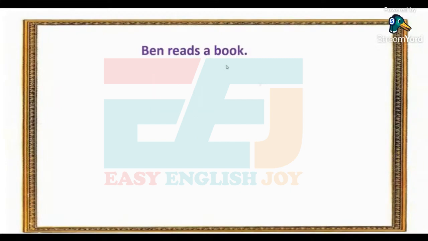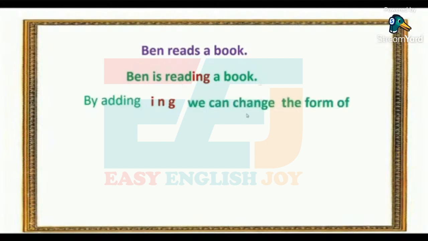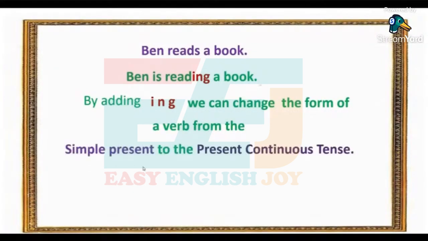Ben reads a book. Ben is reading a book. By adding ing to the verb read, we can change the form of a verb from the simple present to the present continuous tense.